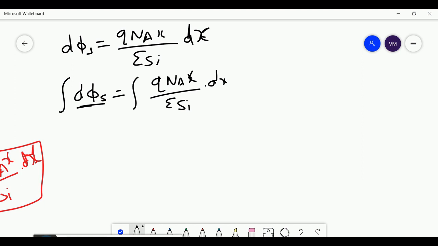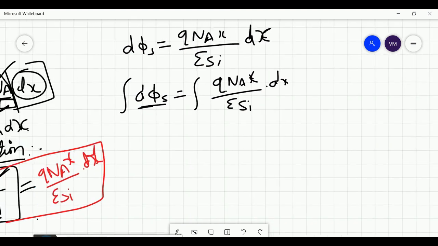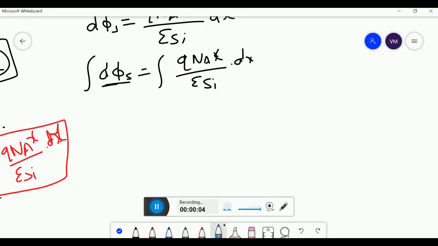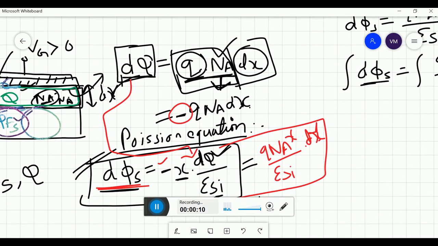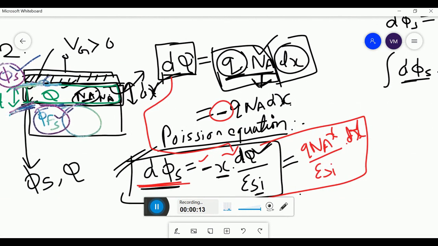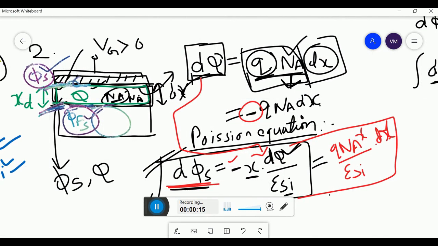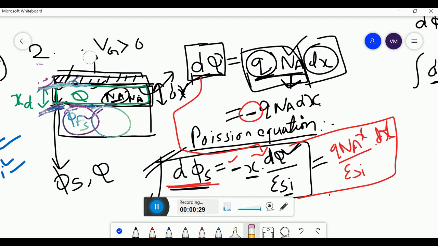For the d phi s, the limits of integration would be, for that we need to go to the figure again, and the portion which is under consideration is this much. This is the portion which we are considering. Let me clean it first.